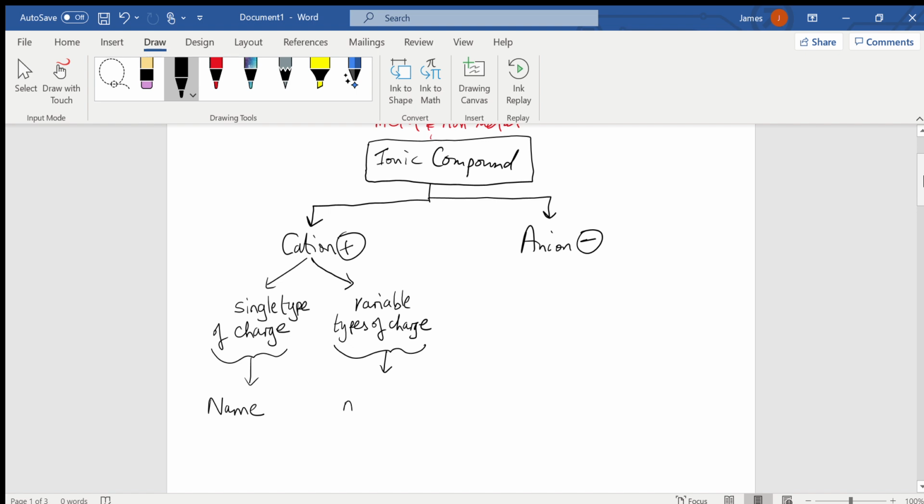So we give you a name, same as the element, and we also have to give a Roman numeral. We're going to learn to write Roman numerals, just the first 10 numbers. Essentially the Roman numeral specifies the charge. We don't need the Roman numeral for a single type of charge because there's only one type. But there's a choice if there's a variety possible, and we have to lock down the choice taken.